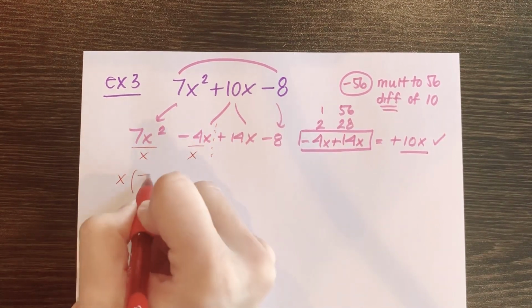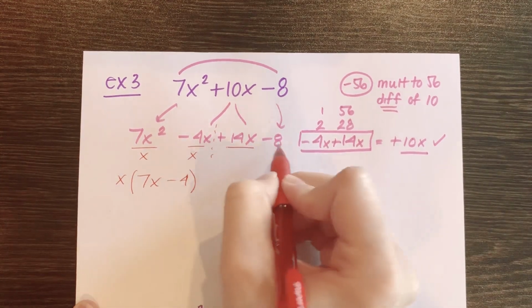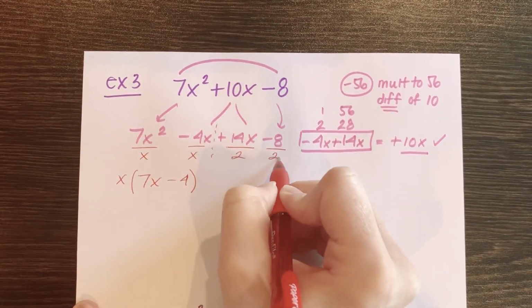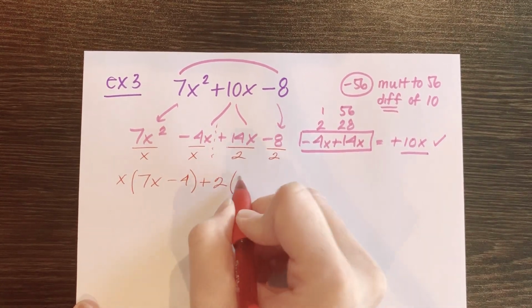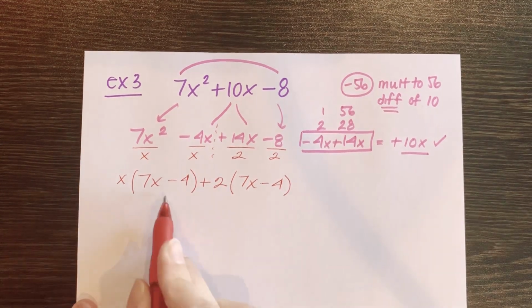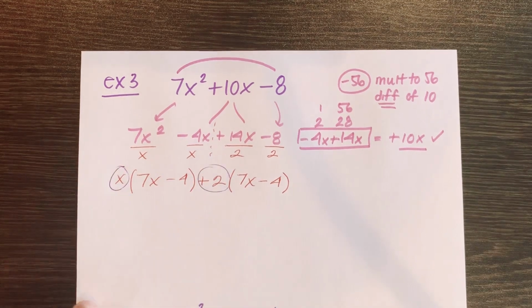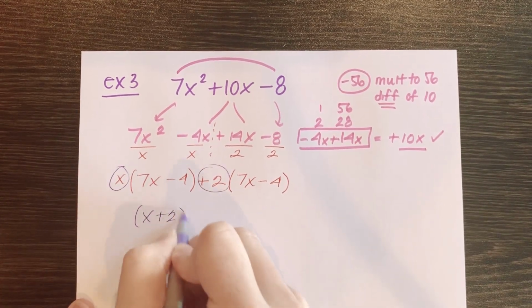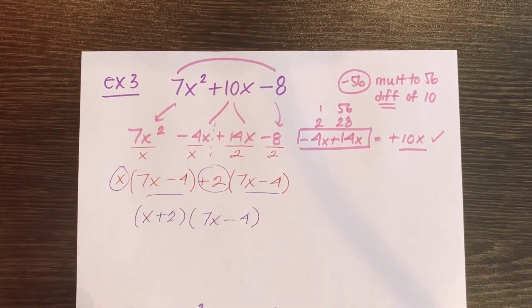I'm showing that work, writing what's left over. What do my second two terms have in common? Just a 2, right? Positive 2. So I have a plus 2 there. And what am I left with? 7x minus 4. Good, because that's what I was looking for. Group together my two GCFs. Rewrite the thing that repeated.